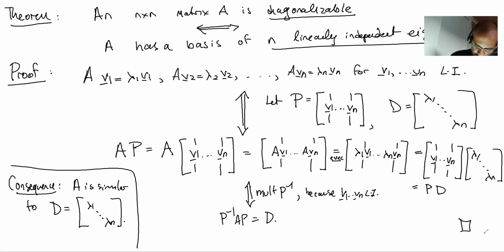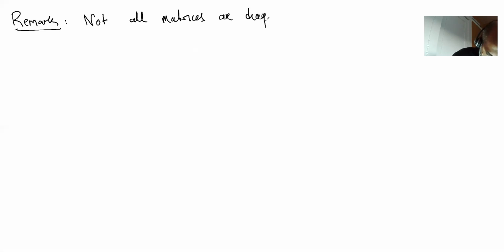And I want to make some important remarks. Not all matrices are diagonalizable. The simplest example, which is a good example to keep in mind for any kind of questions related to diagonalizability, is this matrix.